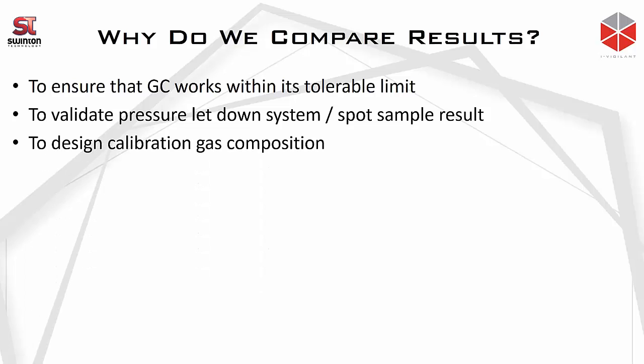And also we compare the result against the multi-level calibration results so that we can design a proper calibration gas composition that fits the pipeline composition that we actually measure. And also to determine the risk from nonlinearity, which happens a lot if the design of the calibration gas is not suitable for that particular application.